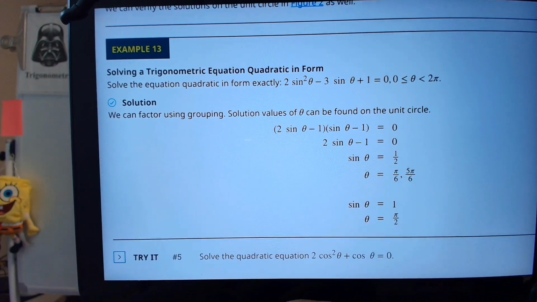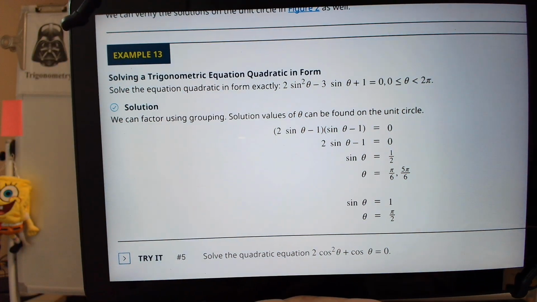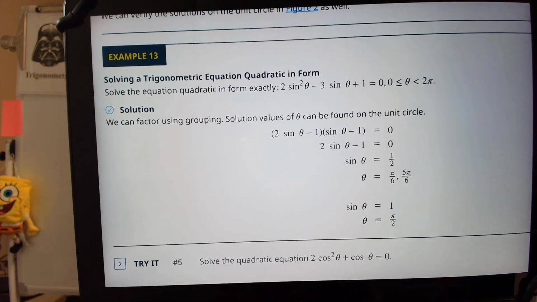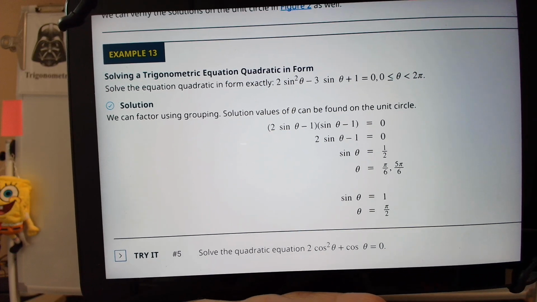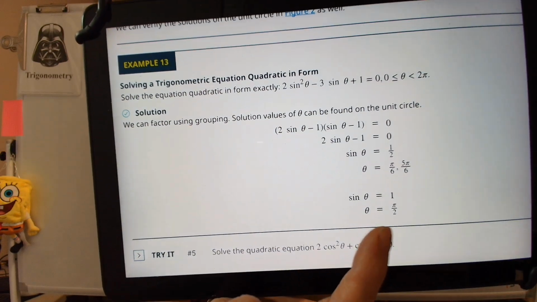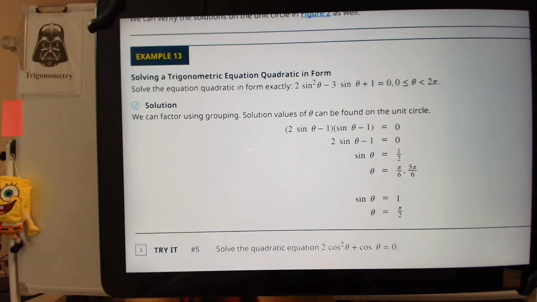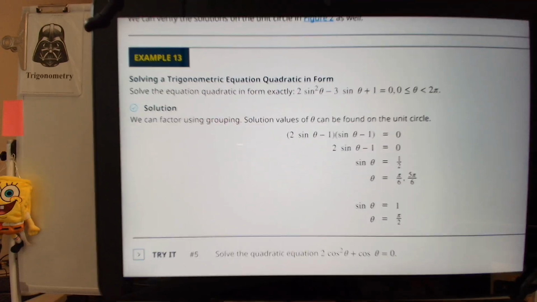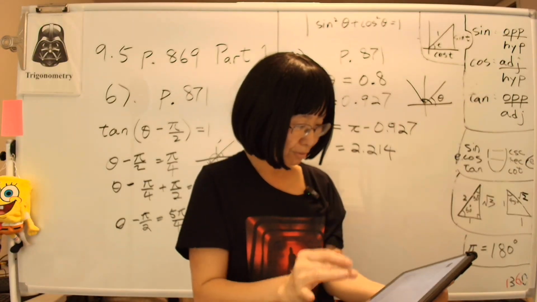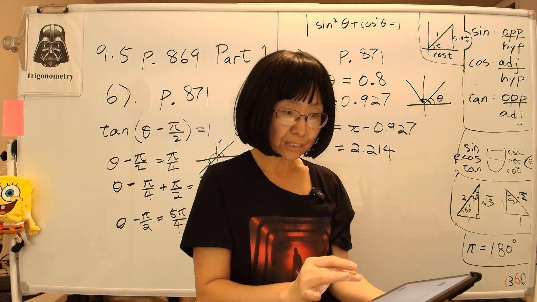You factor it, and then sine theta will be equal to 2 things. So theta should have 4 answers. Well, except in this case, if sine theta equals 1, theta has only 1 answer instead of 2 answers. So the total number of answers ends up being 3. So please do example 13 yourself. And then let's move on to example 14.